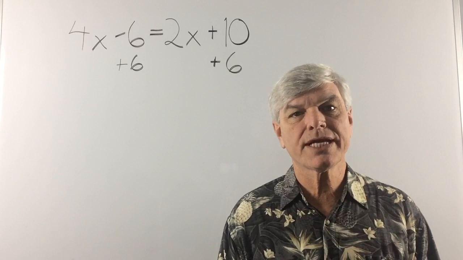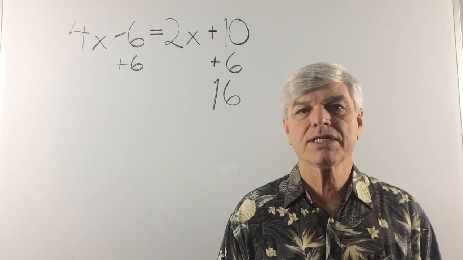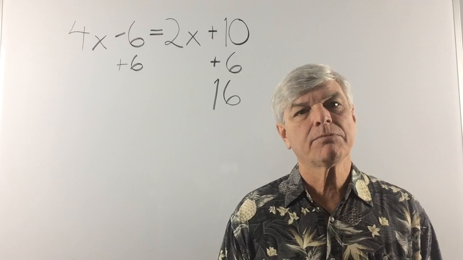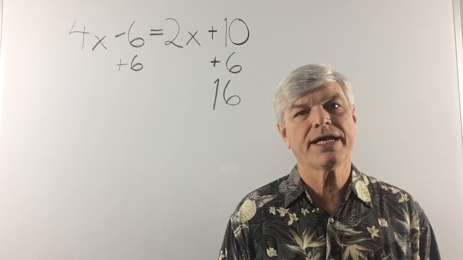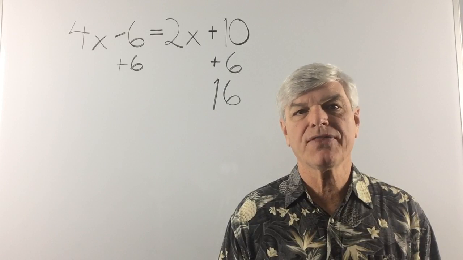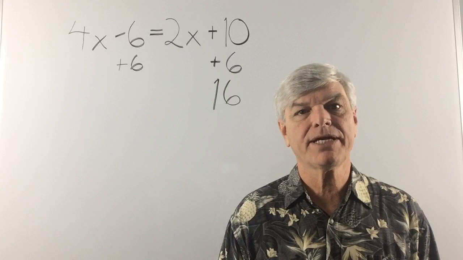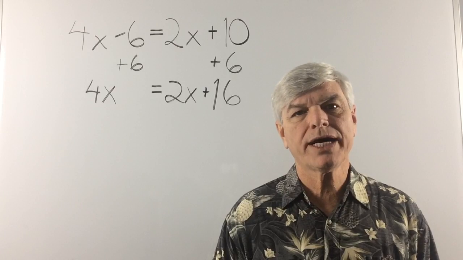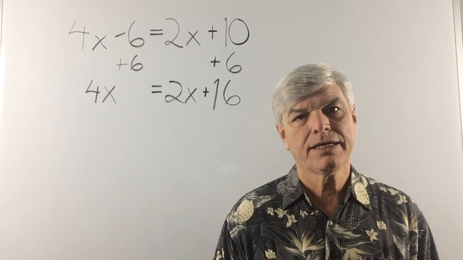Let's bring both of those down. Negative 6 plus 6 is 0, so we won't bring anything down there. 10 plus 6 is 16, so we'll bring that down. And let's bring the rest of that equation straight down without adding or subtracting anything from it. And that will give us 4x equals 2x plus 16.